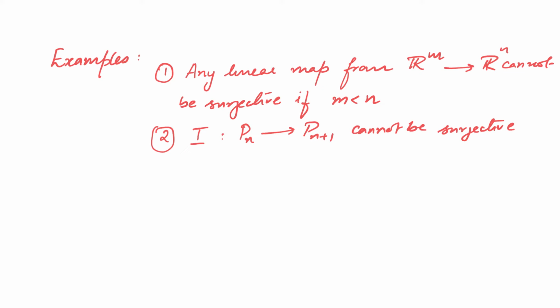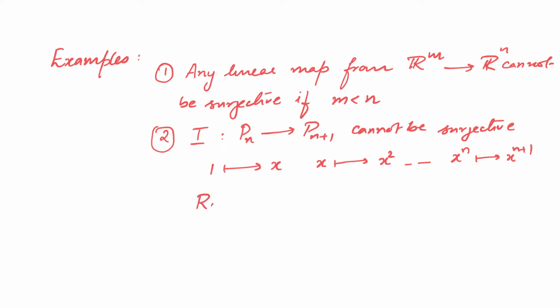So, recall that the integral of 1 is the polynomial x, the integral of the polynomial x is the polynomial x square, and so on. The integral of the polynomial x power n is the polynomial x power n plus 1. Further, notice that the polynomials 1, x, x square, etc. up to x power n form a basis of Pn. Therefore, the range of I will be spanned by the images of these vectors.